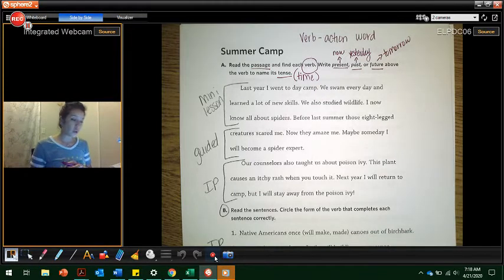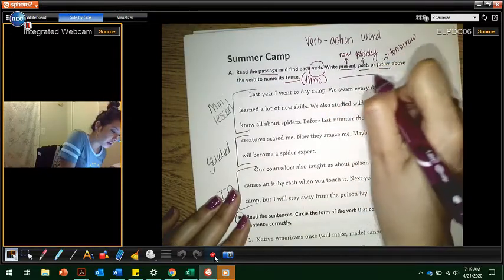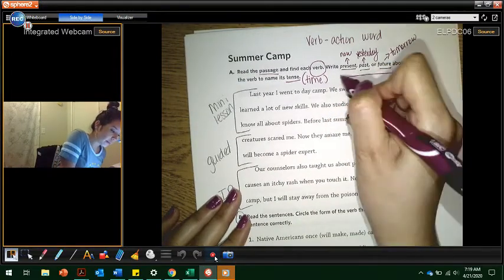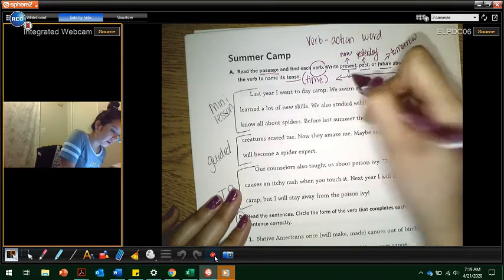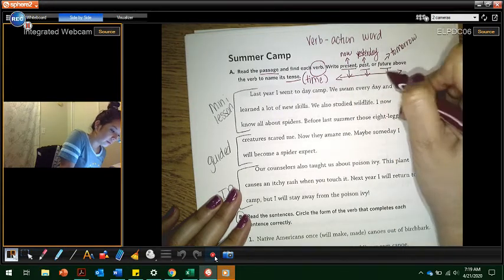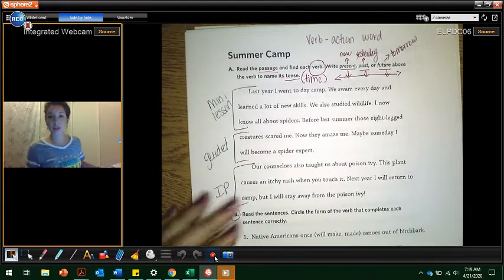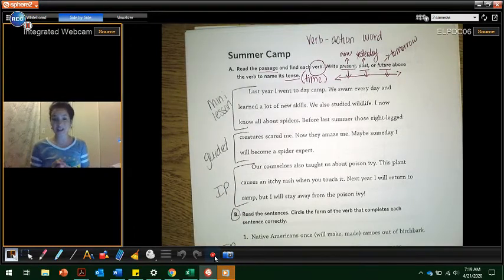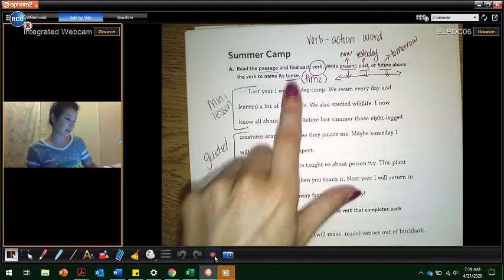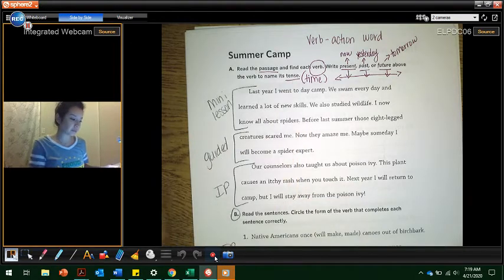So we're looking at how actions can be happening in the past, present, or future. So we can draw a little timeline here. And that is a representation of when these different tenses can happen, okay?